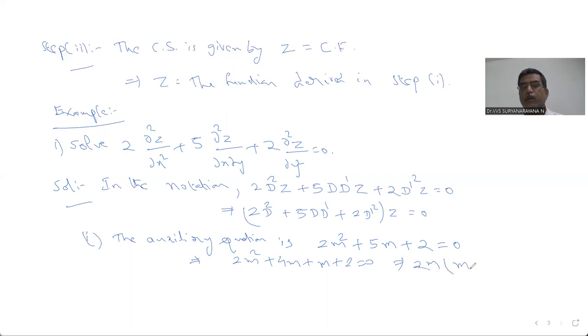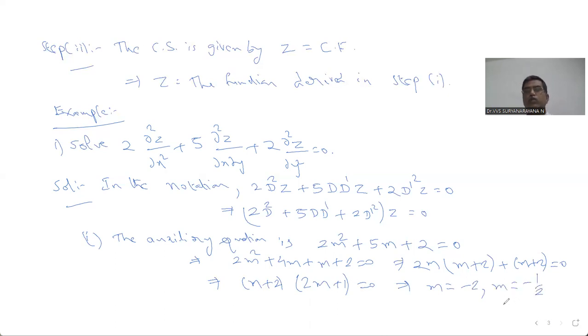So 2m into m plus 2. From the last two, we can take 1 as common. So we'll get m plus 2. Now again from these two, after taking out m plus 2 as common, we will get m plus 2 into 2m plus 1 equal to 0. So m plus 2 equal to 0 means m equal to minus 2. And 2m plus 1 equal to 0 means m equal to minus half.